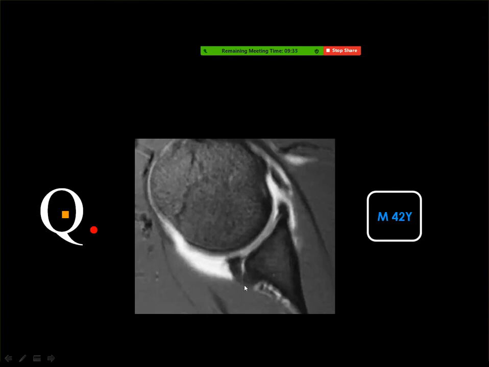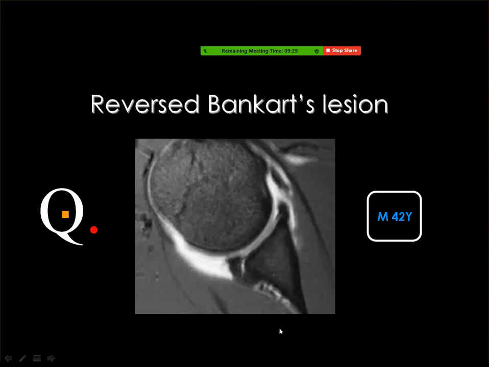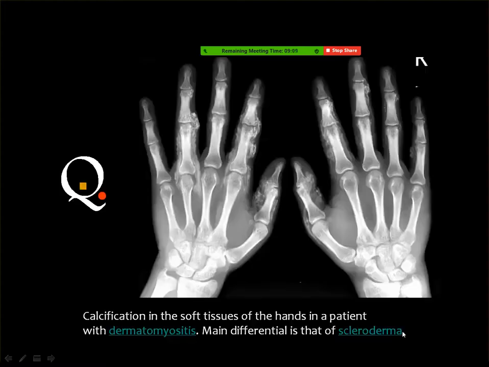If the labrum is still attached to the scapula, then you have a lesion which may be similar to the ALPSA seen in the anterior labrum, but here you have the reverse Bankart lesion, which means that you have rupture of the posterior labrum and you may have some indentation on the anteromedial aspect of the humeral head.